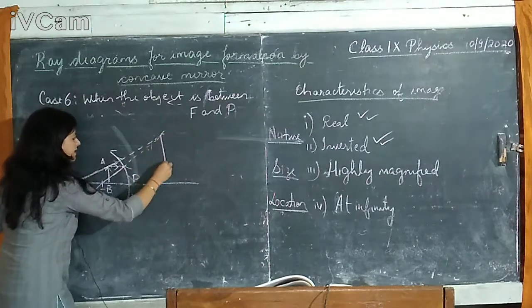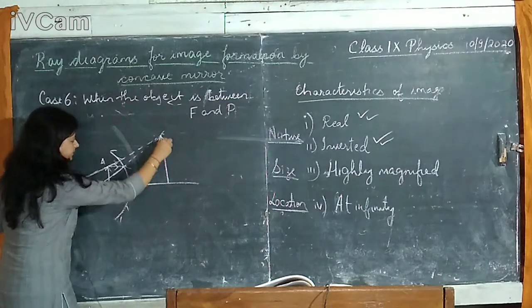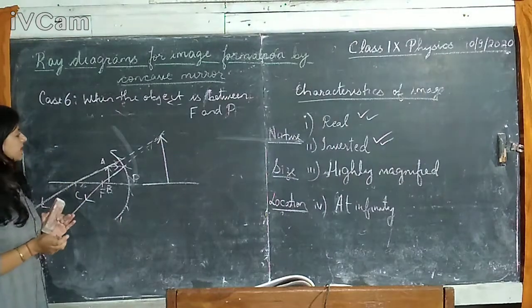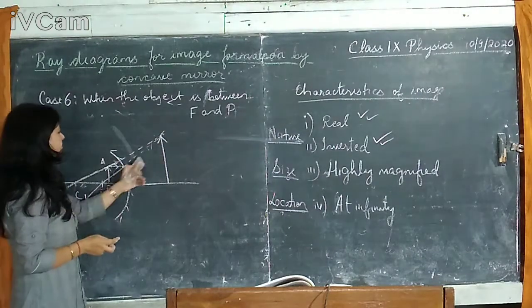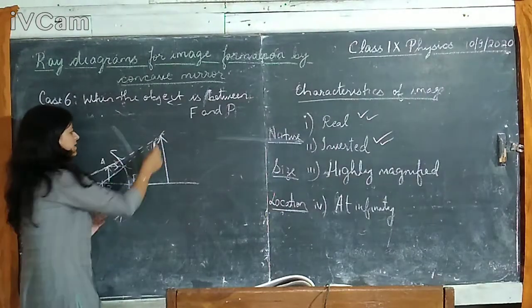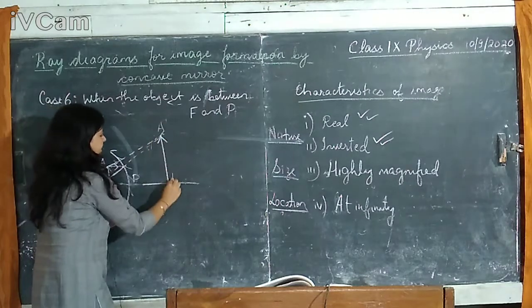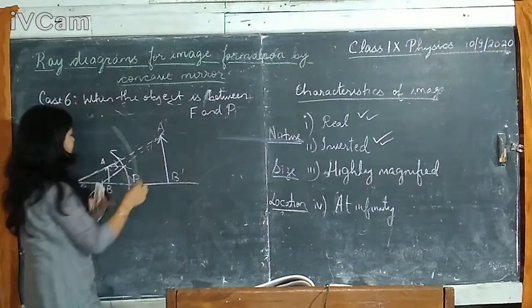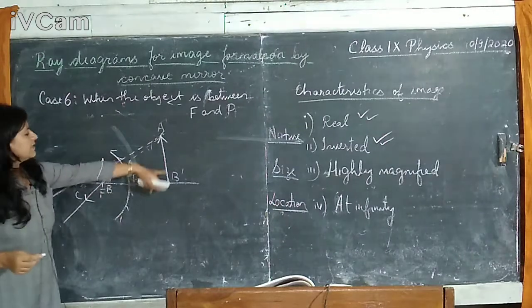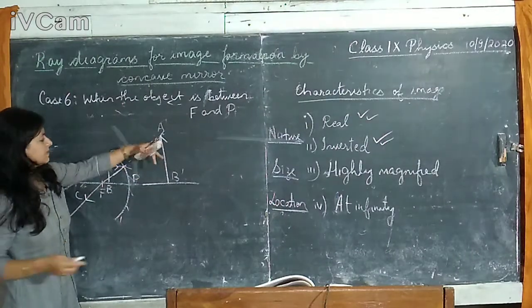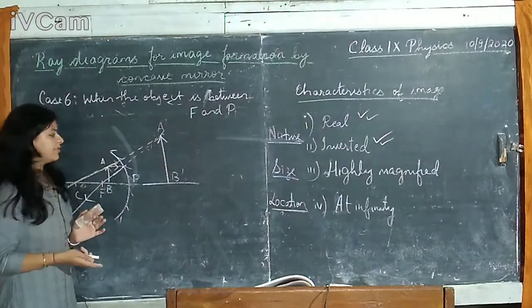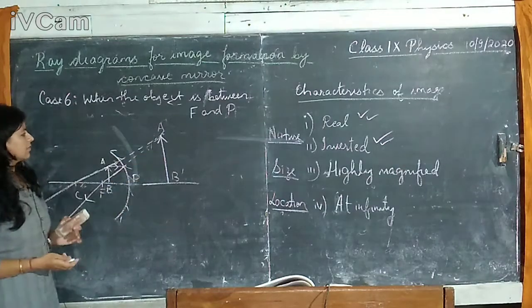But since the rays are not actually meeting, they are only appearing to meet. We don't call it a real image, we call it a virtual image. The name of the image is A-B-, but here you can see that the image is erect or upright. It is not inverted as it was in the previous cases, it is now erect.